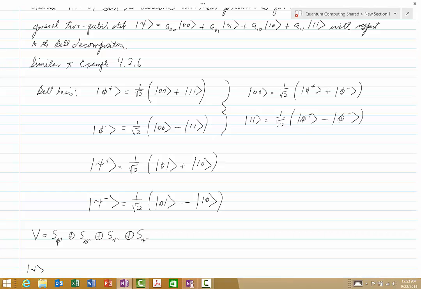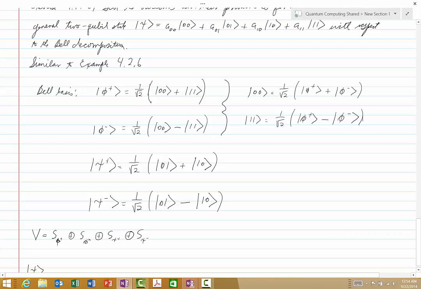And you can check that very quickly. Let's for instance look at the first one. If we add together phi plus and phi minus, then the 1, 1 terms would cancel, and we would have 1 over square root of 2, 0, 0, plus 1 over square root of 2, 0, 0, which is the same thing as 2 over the square root of 2 times 0, 0.